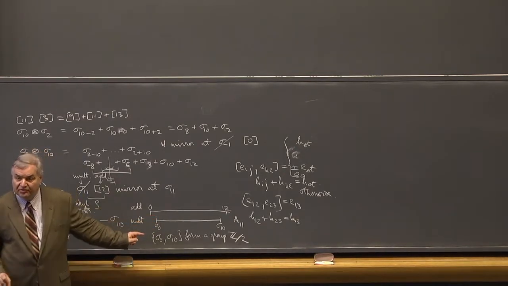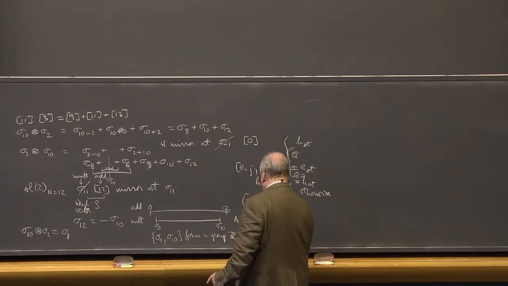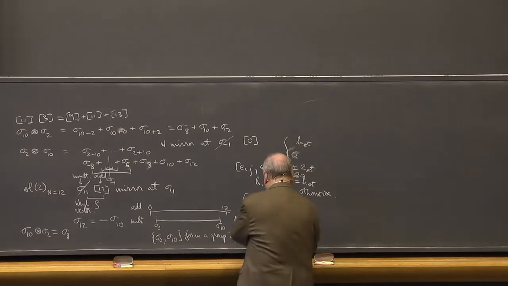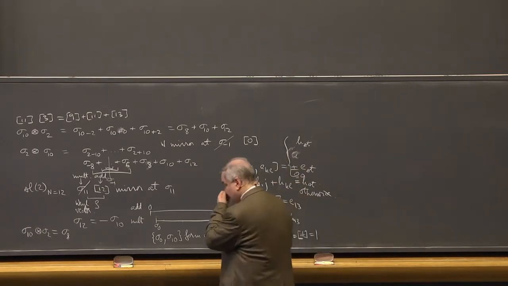Yes, they both have the dimension of sigma 10. Notice that the dimension of sigma 10 is quantum 11, which is equal to quantum negative 1, which is equal to 1.